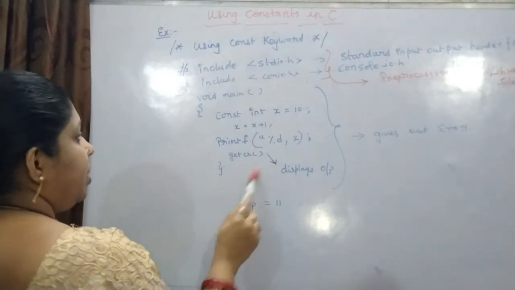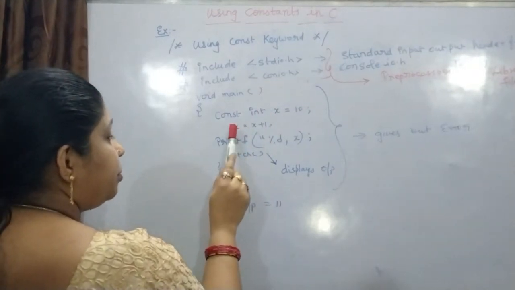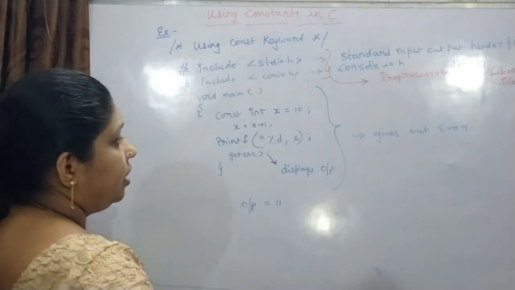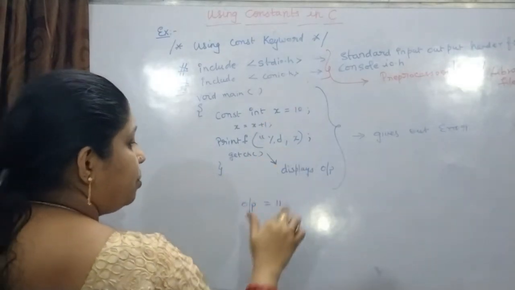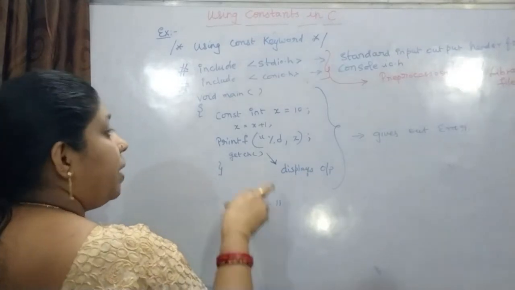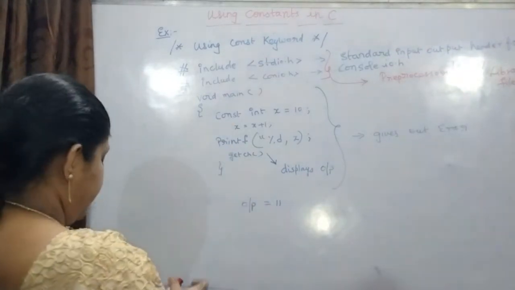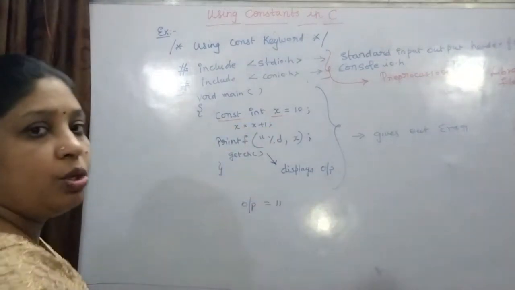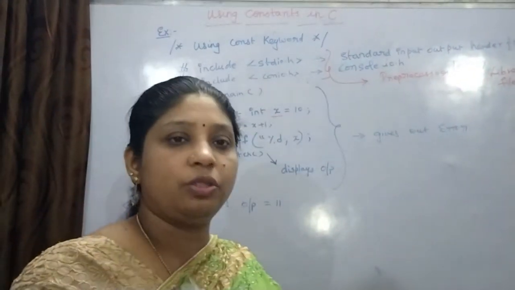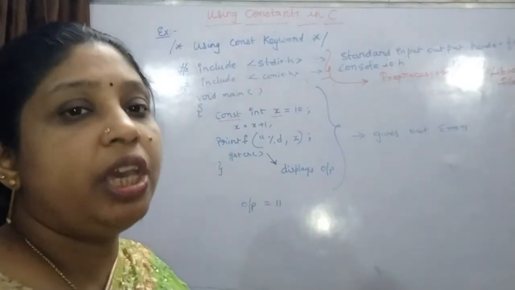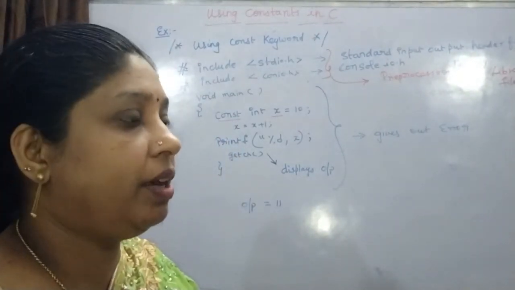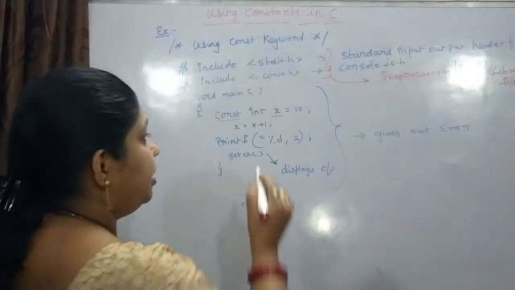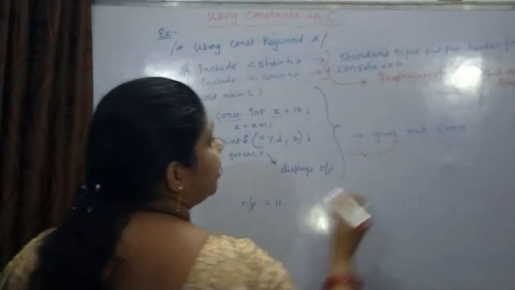But what I am doing here is changing the x value by adding 1 to 10. It has to give the answer 11, but it will not, because you have declared x as a constant. The assigned value will not be changed. So this program is going to give an error.